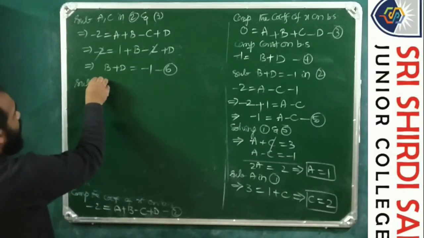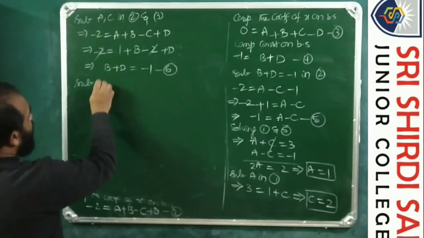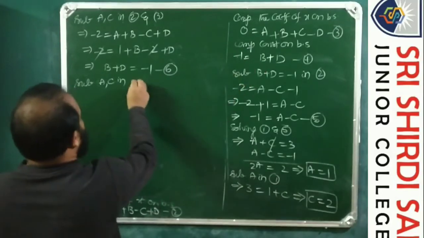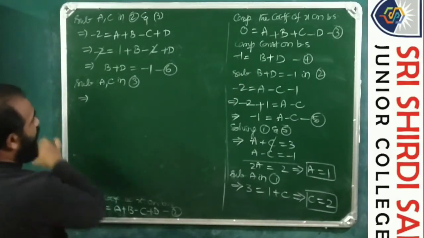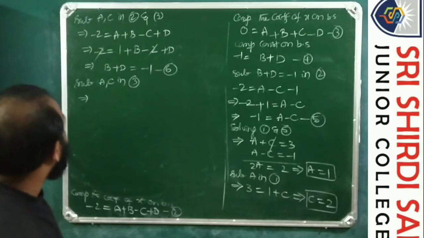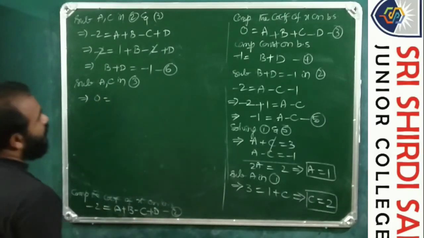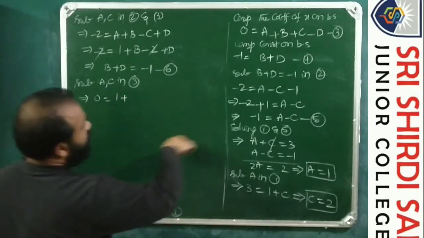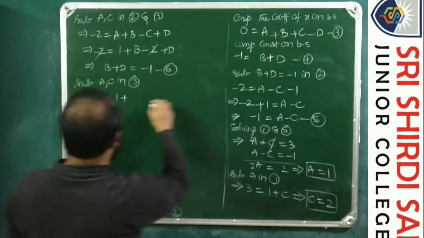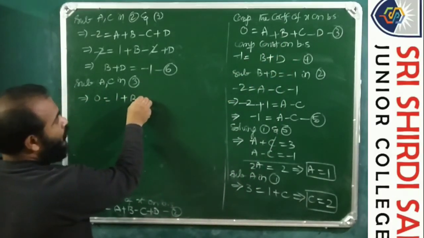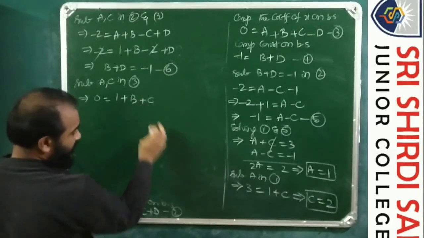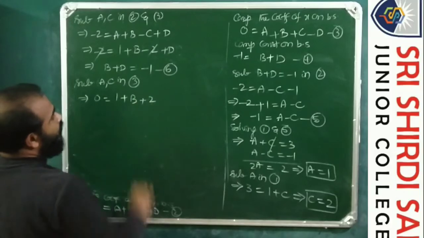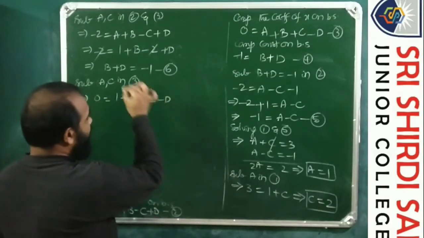Substituting a, c in the third equation, we get 0 equals, the value of a is 1, plus b, which is unknown, plus c, which is 2, plus d.